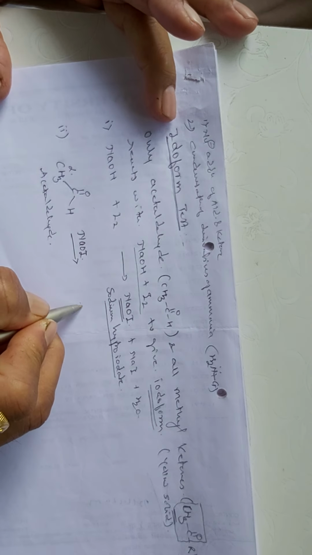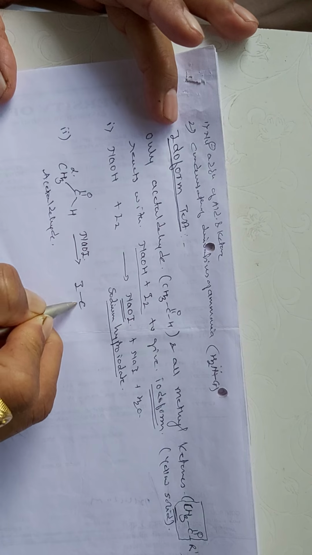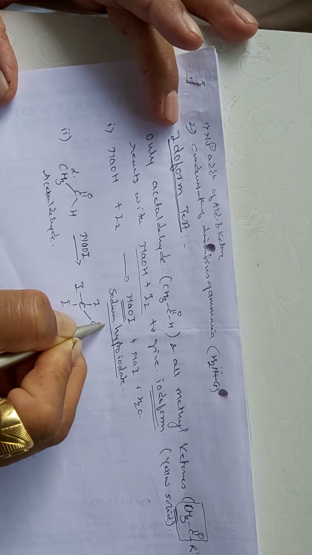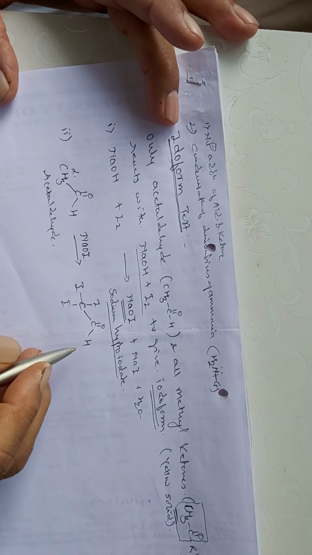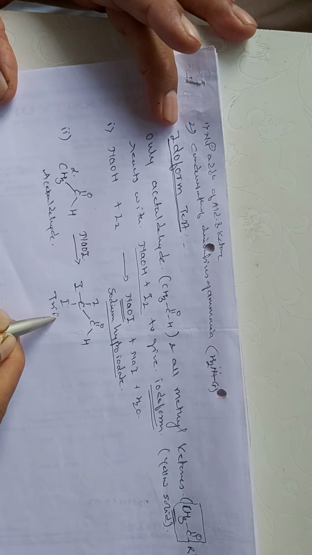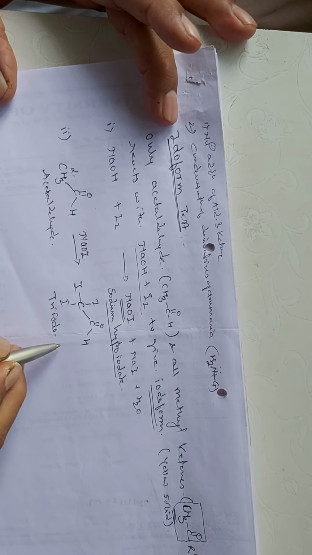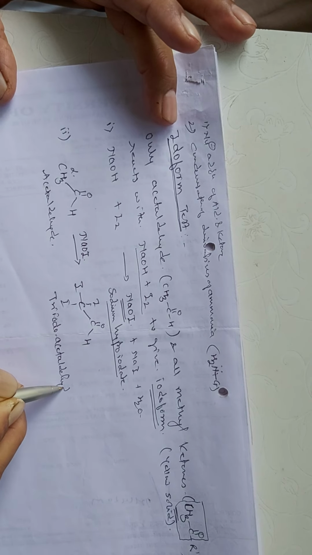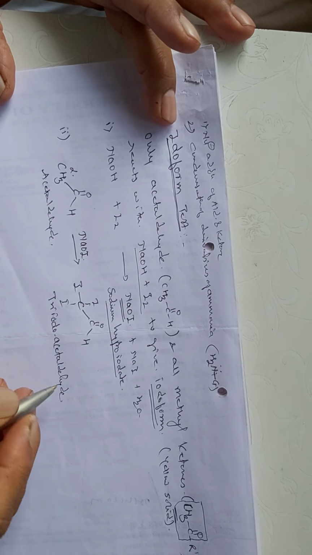Here these alpha hydrogen atoms are substituted by iodine, and we get the formation of triiodoacetaldehyde.